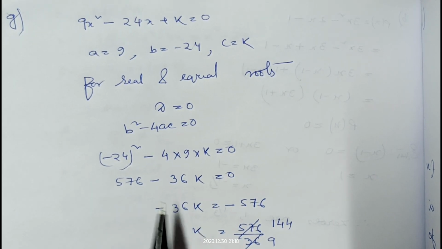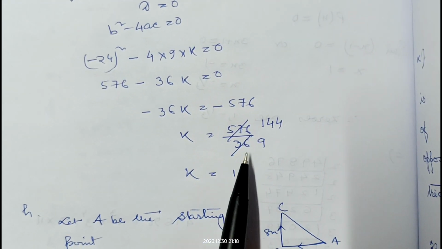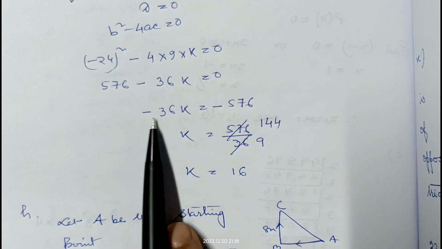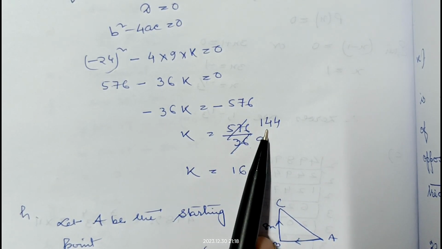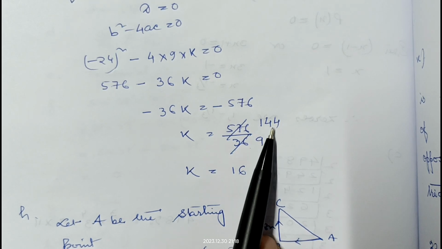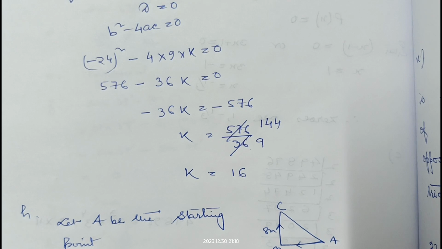So minus 36k minus 576. So k will be 576 by 36 because minus and minus both sides can be cancelled. So 576 by 36 we are going to get 144 by 9. After dividing we will get 16. Therefore required value of k is 16.